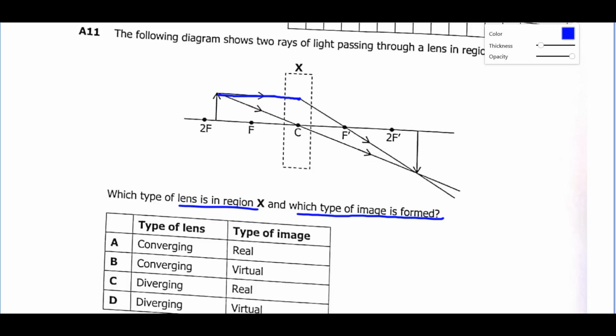We can see that it's bending so that it is able to meet with this ray. As long as it's bending and meeting at one point, this is what we call a converging lens. Then since the image is on the other side facing down, it's real. So the multiple choice A is correct.